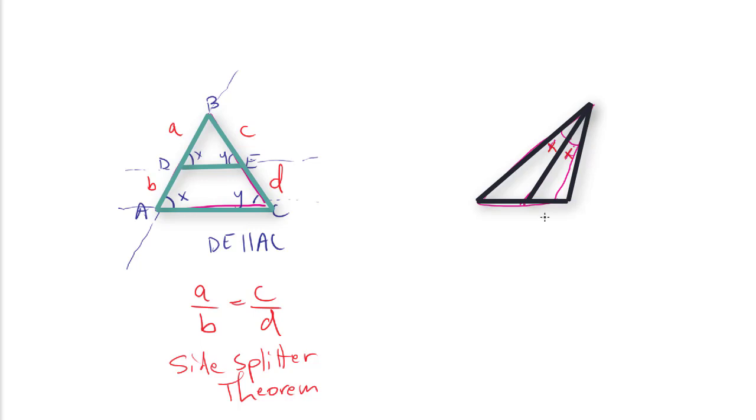Also, if I have a triangle where one angle is being bisected right there and there into two congruent angles, I know the following. If that's A, that's B, that's C and D, again, the same proportion equation holds. A over B equals C over D. That's also a consequence of our transversals of parallel lines.